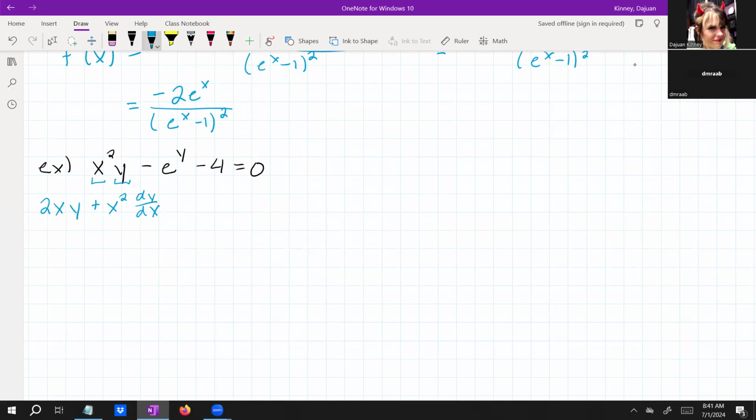So the derivative of y is y prime, or dy/dx, minus the derivative of the inside. It's a y, so we write down dy/dx times e to the y. The derivative of -4 is 0, equals 0. This is kind of gross, but that's okay.